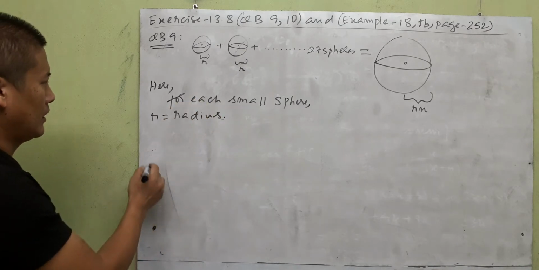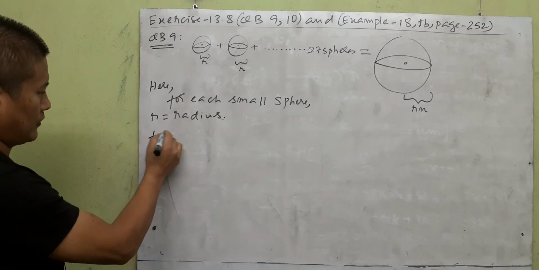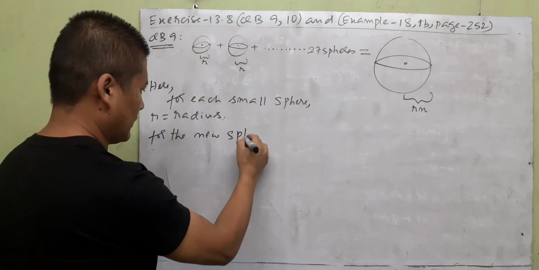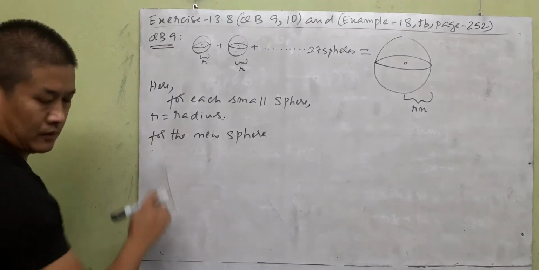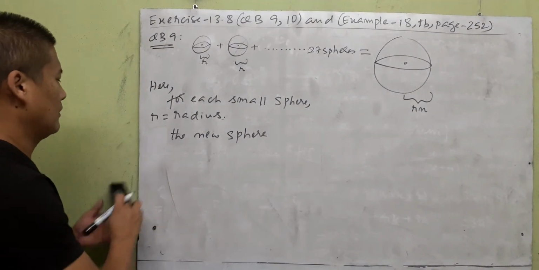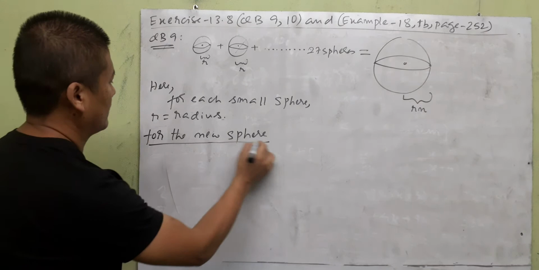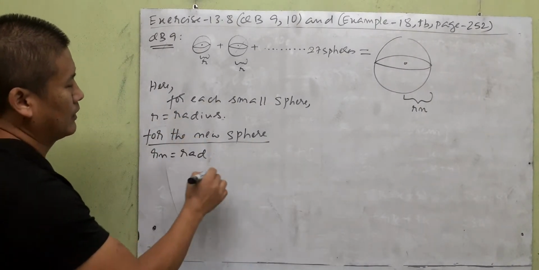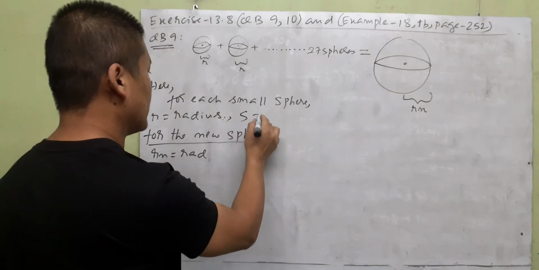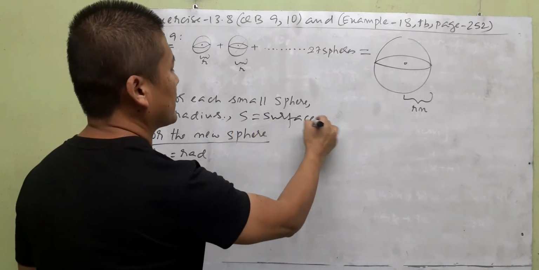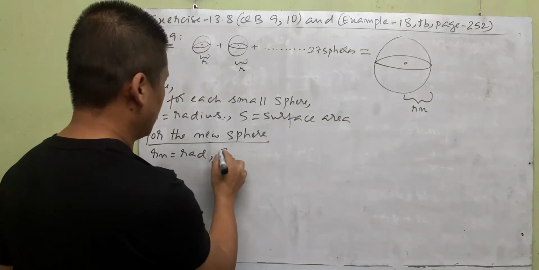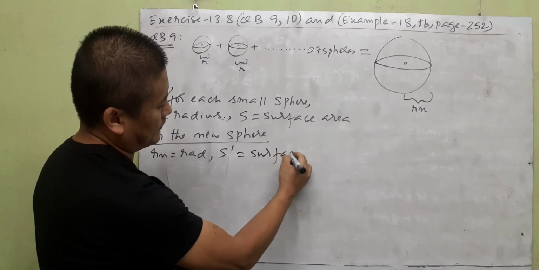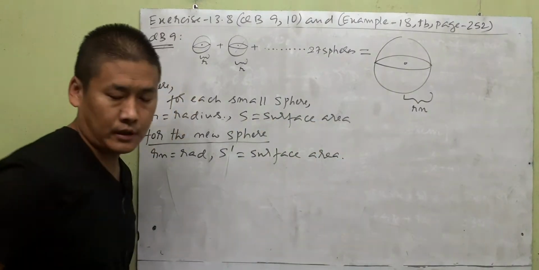For the new sphere, the single one that is melted and we got from the 27, Rn is the radius, and S is the surface area the textbook has given. And S dash is the surface area of the new sphere. This information is given to us.